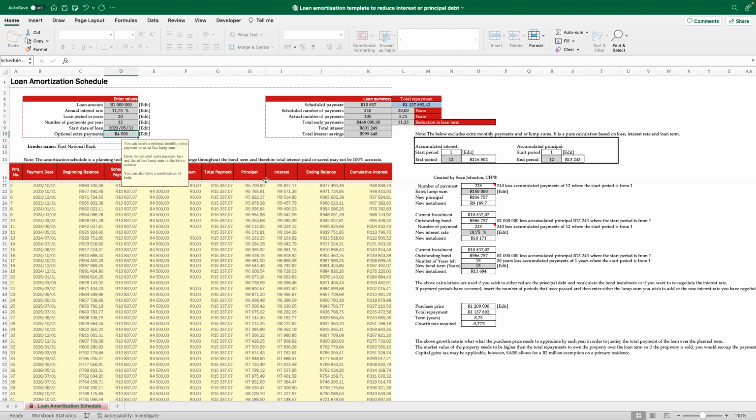Now, obviously, 4,500 Rand is a lot of money. So let's just maybe work on 2,000 Rand. We'll make it a bit more affordable. 2,000 Rand will reduce it by 7.67 years. Yes, sorry. However, this particular person might have, let's say, lump sums from bonuses or tax rebates or whatever.